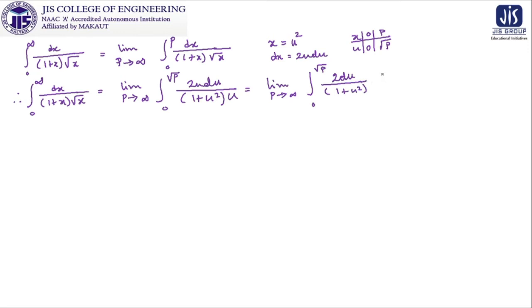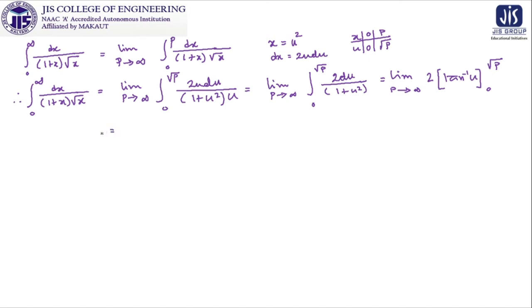Now the problem becomes very easy, because we can write it as limit p tends to infinity, then this 2 is out, and du by 1 plus u square means it is tan inverse u, from 0 to root over p.